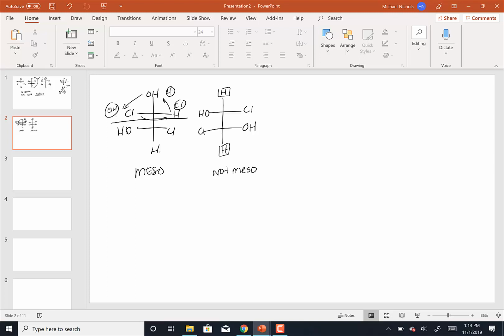So for this analysis, you're going to determine, for each one, is it meso or not meso. If both of them are meso, then what do you have? The same meso compound. What if you have meso, not meso?